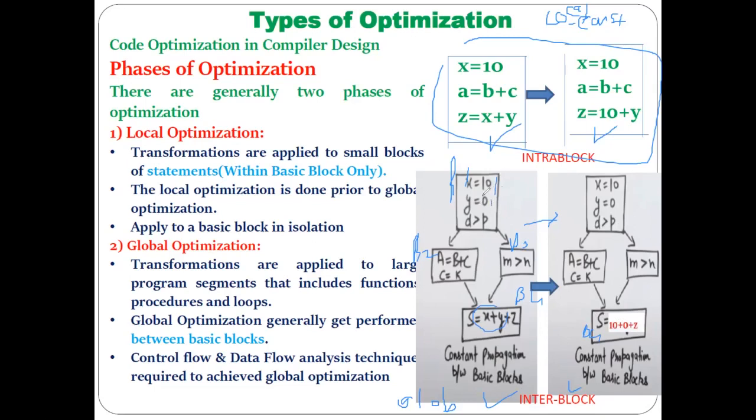Understood? So we can propagate the constant. Propagating the constant means replacing the variable with a particular constant value in the next part of the program. So instead of writing s is equal to x plus y plus z, you can write 10 plus 0 plus z.